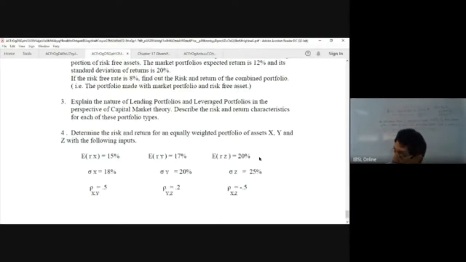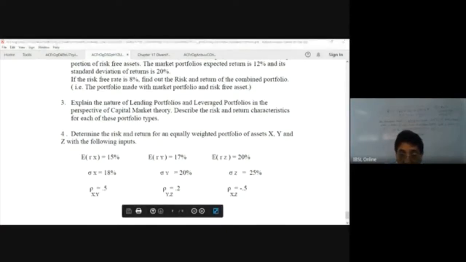Wait. 15 plus 17 is 32, plus 20 is 52. Udeshan, yes, you are correct. 17 point, yes, 33, yes. Sanjeeva, yes, correct. Indika, correct.